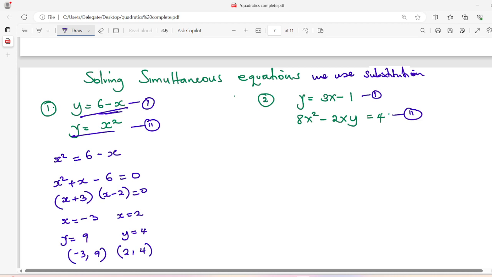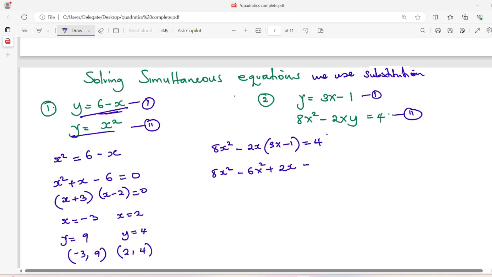So I'm going to substitute wherever I see y. So I'll say this is 8x squared minus 2x, and the y we see clearly is 3x minus 1, then equaling 4. So we shall have 8x squared minus 6x plus 2x, actually 6x squared plus 2x, then equaling 4.